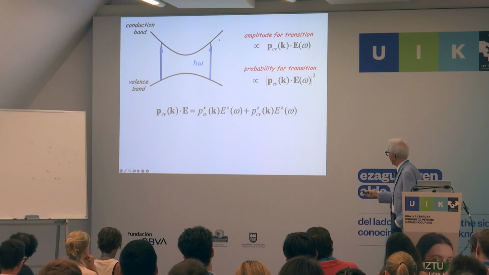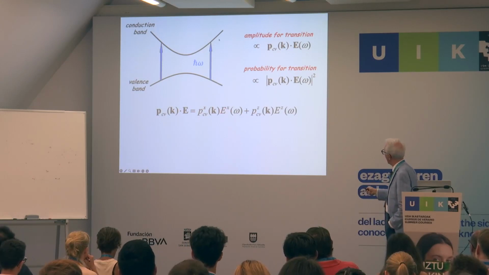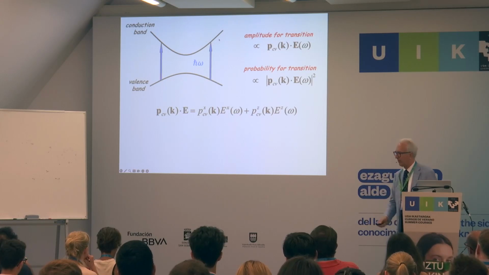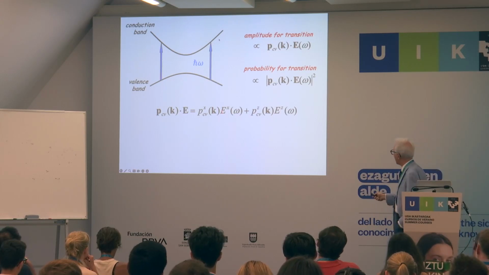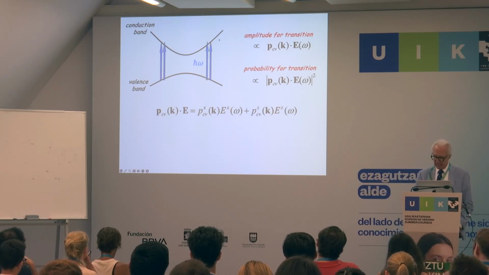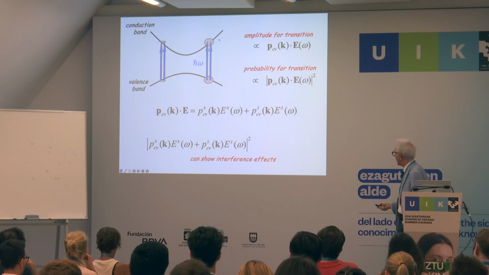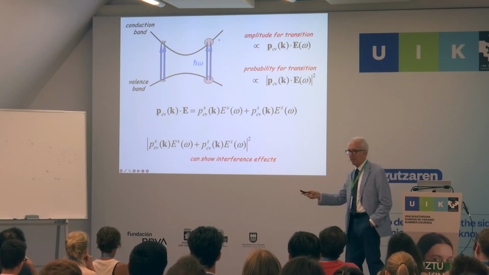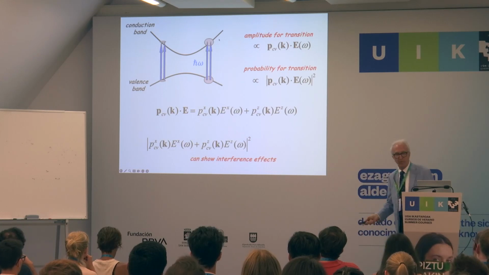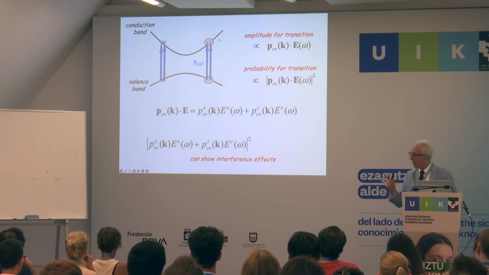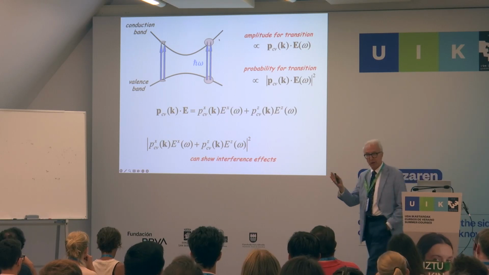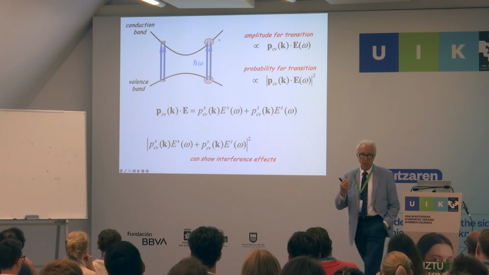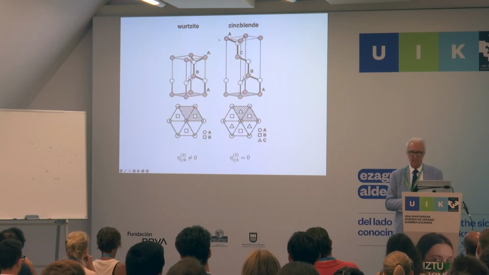I could have a Z component of the electric field, and I could have an X component of the electric field, and these matrix elements are going to be different here than here. So I can get interference between these two things, constructive interference over here and destructive interference over here. That's precisely what this photogalvanic effect is. It depends very much on the crystal structure. Gallium nitride, for example, crystallizes in both the Wurtzite form and the zinc blende form.